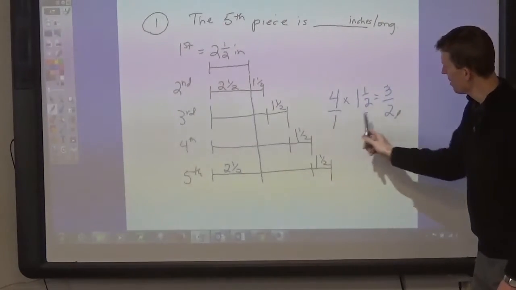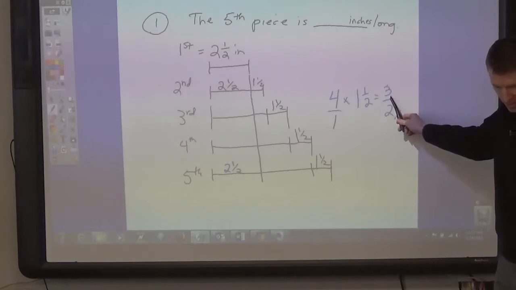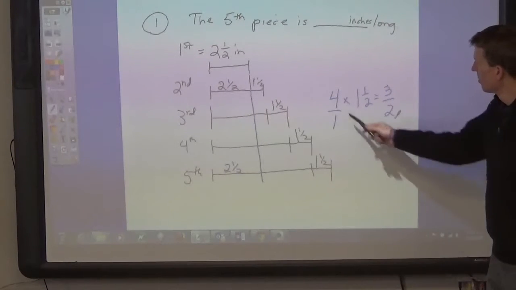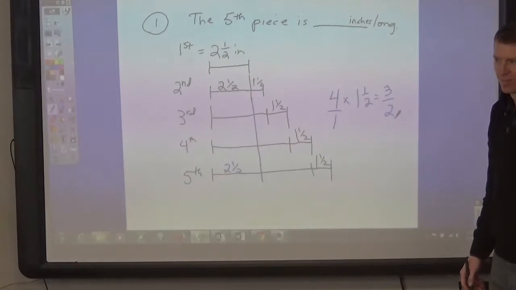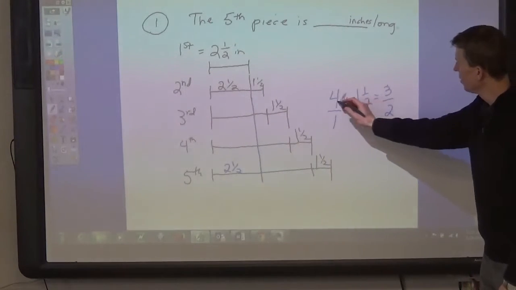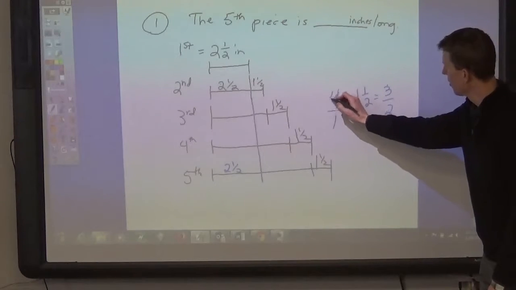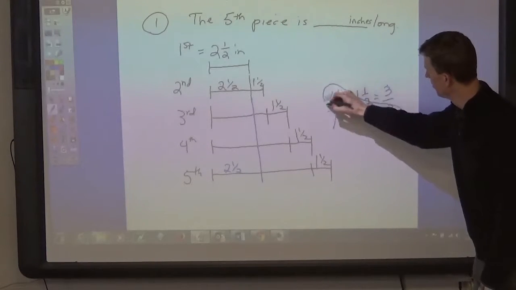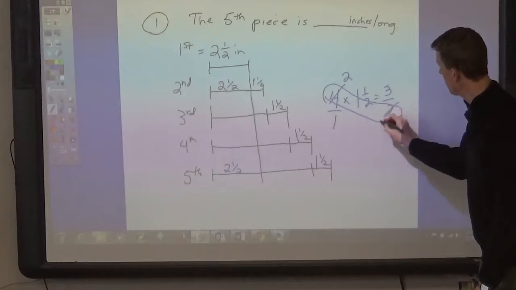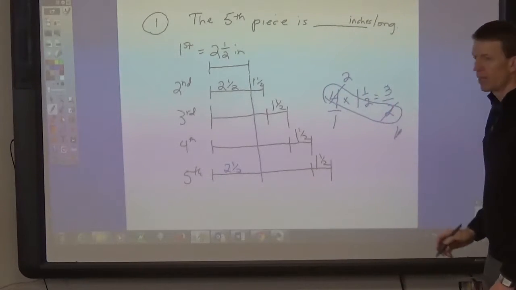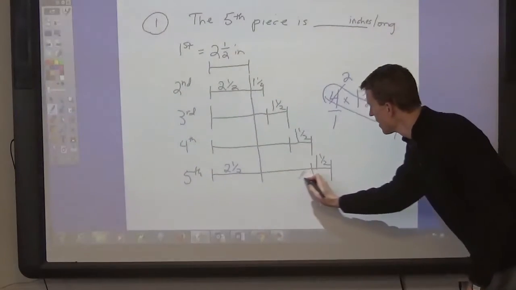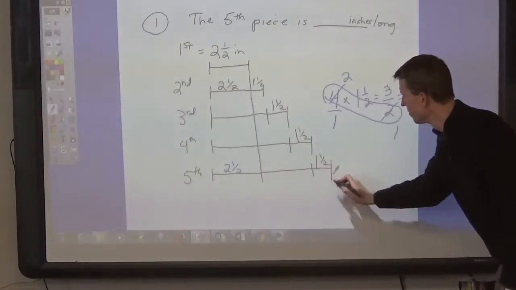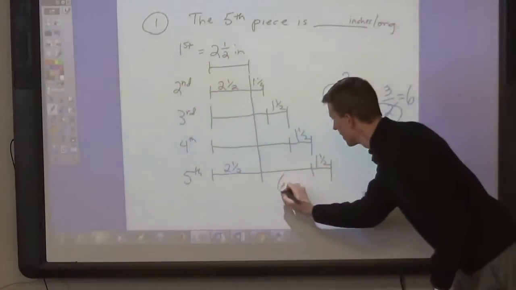So we have fractions times fractions. Come here. What does that equal? 6 inches? Factor the 4 and the 2 to 2 and 1, and then multiply 2 times 3. So that's 6 inches. So, what is the length of this piece? 6 inches.